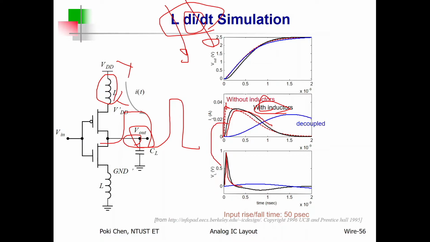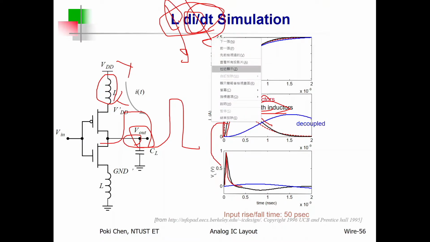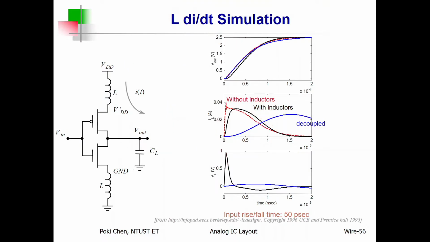So, as I mentioned, you either reduce L or reduce di/dt. If not, the other possible solution is to have a coupling capacitor. If you have coupling capacitors to stabilize the ground and VDD, then it helps a lot, because the operation of a capacitor is reversed to the operation of an inductor.